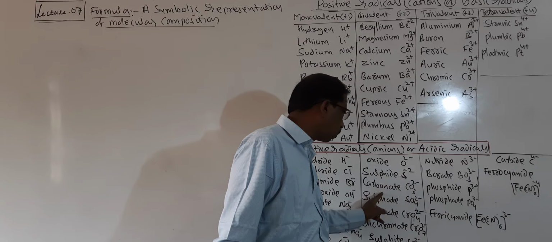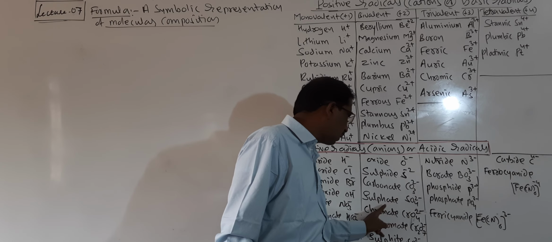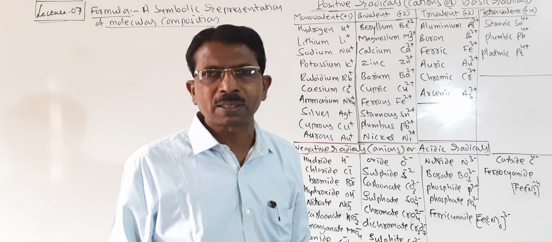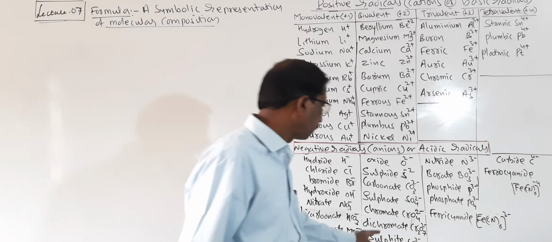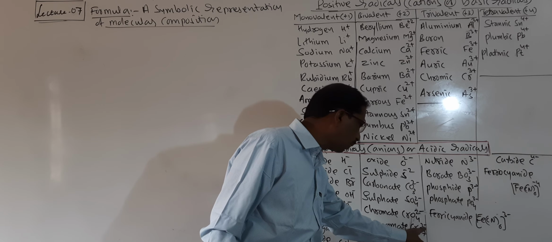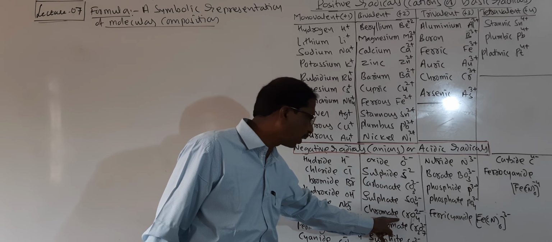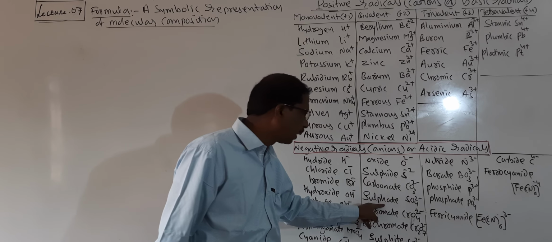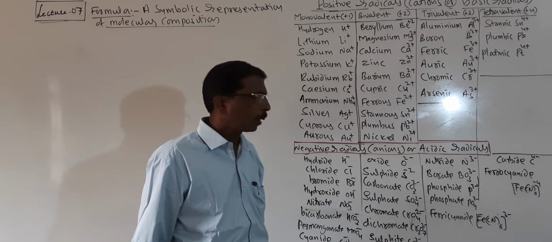Sulfide, S 2 minus, carbonate, CO3 2 minus, sulfate 2 minus. You may write minus 2 or 2 minus. Chromate, CrO4 2 minus, dichromate, Cr2O7 2 minus, sulfite, SO3 2 minus, and sulfate is SO4 2 minus.